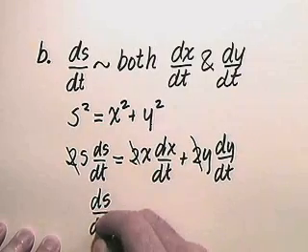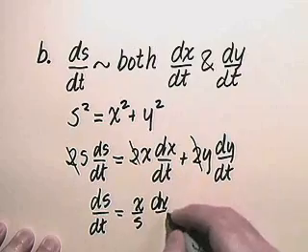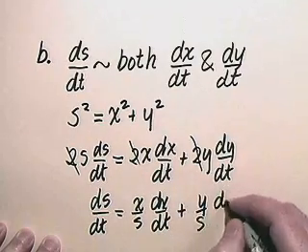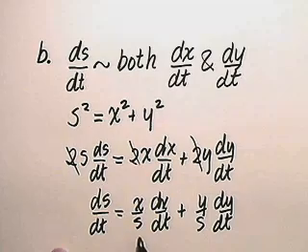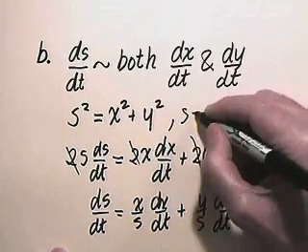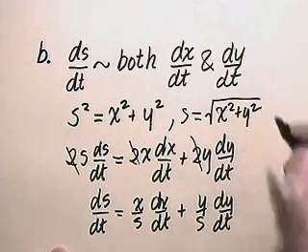So ds/dt is equal to x over s dx/dt plus y over s dy/dt. And again, if you wanted everything in terms of x and y, you could replace s everywhere by its expression in terms of x and y. Remember, s is just the square root of x squared plus y squared.